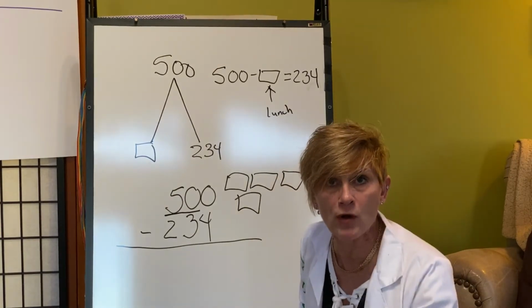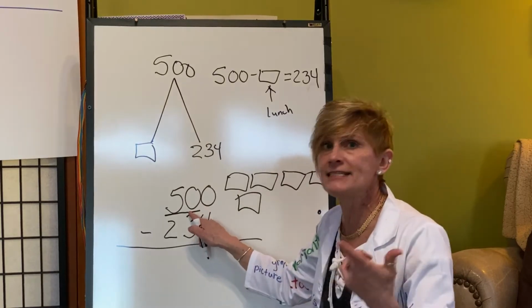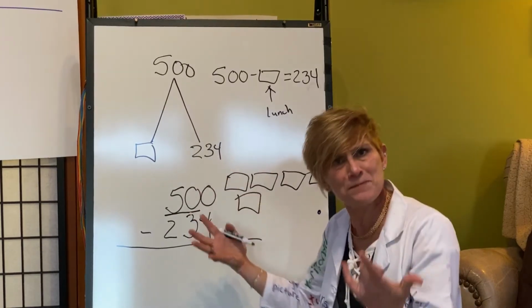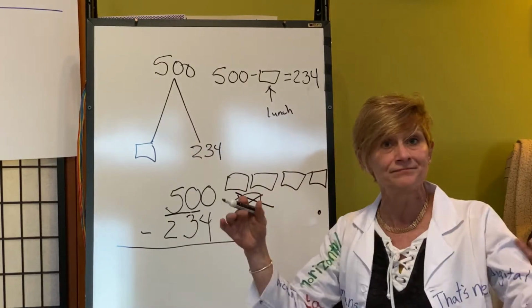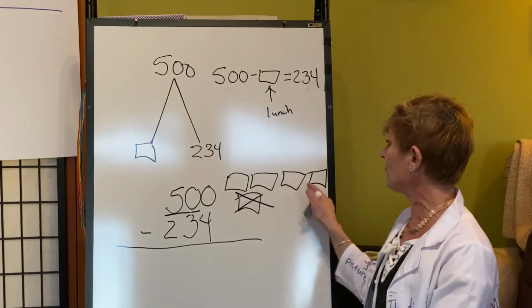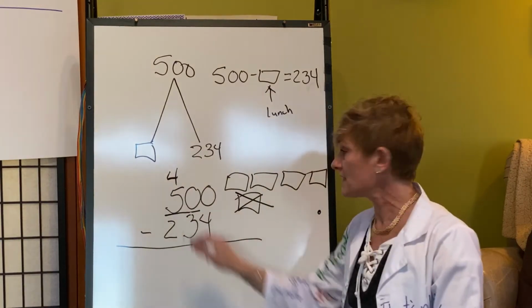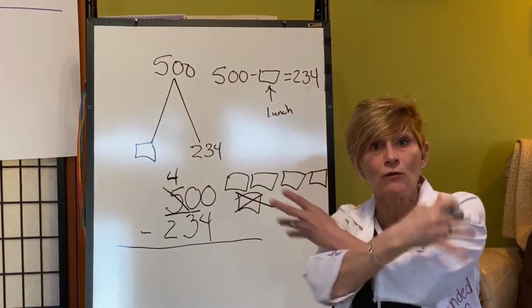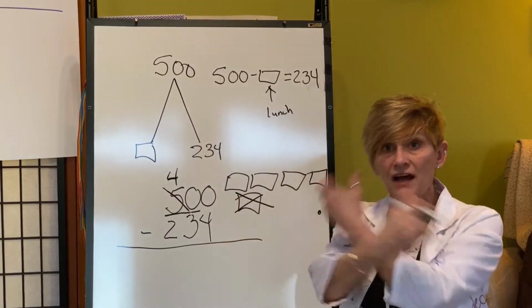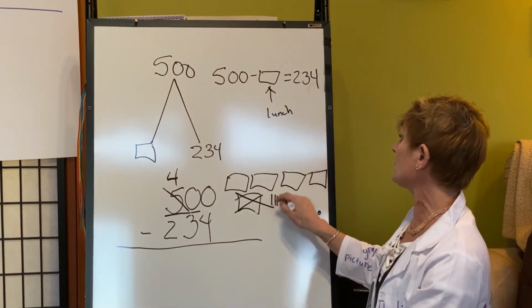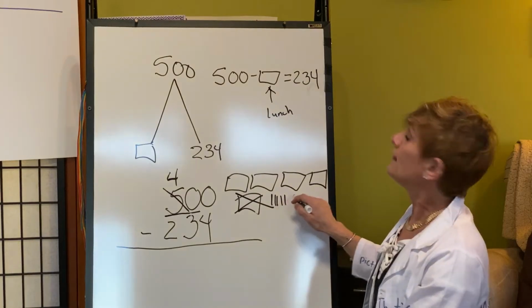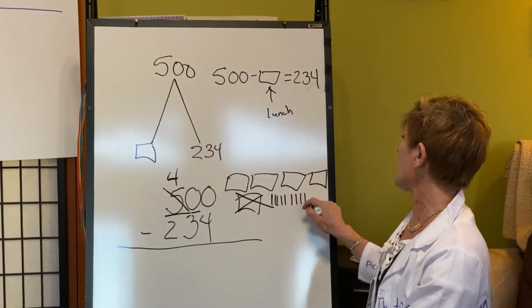We also know that there are 50 tens. I'm going to take one of these 100s. That means I have 400 left. And I'm going to break one of those apart. I'm going to ungroup it. There's 10 tens in there. 10, 20, 30, 40, 50, 60, 70, 80, 90, 100.